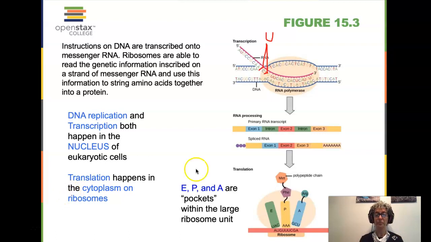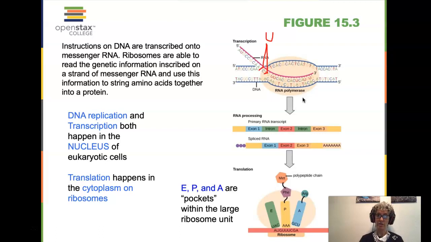We also talked about how eukaryotic RNA has to be processed, that the DNA contains both exons and introns. The exons are the regions of the DNA that encode a specific end product, and they exit the nucleus in the form of messenger RNA.